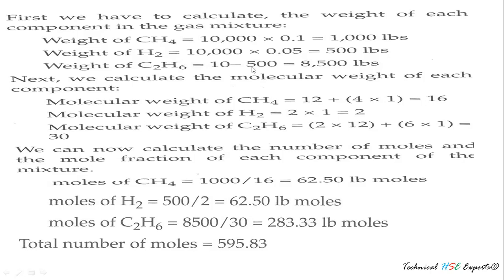You can do it like this, or multiply 85% by 10,000, which will give the same value. Now we have identified the mass of each compound.